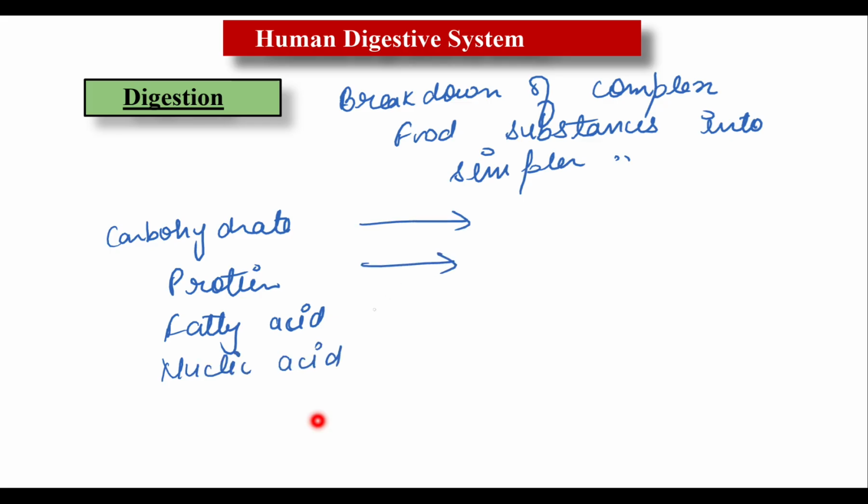So these are the complex food substances, and we have to convert them into a simpler form.